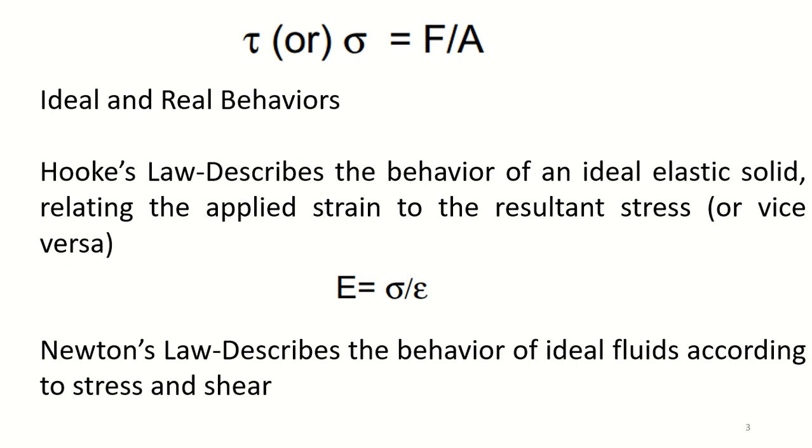E star is measured in tensile or bending mode. E is equal to sigma over epsilon, while the shear modulus is the ratio of dynamic stress to strain.